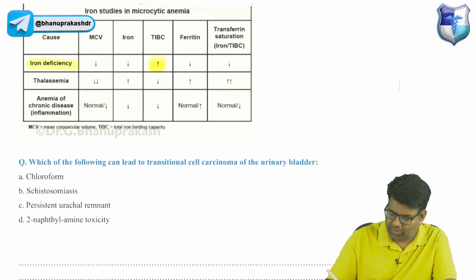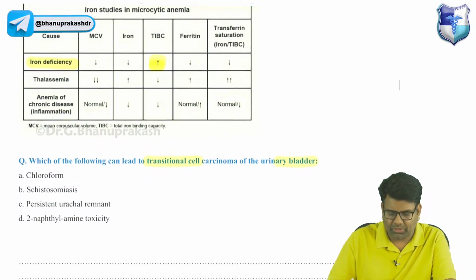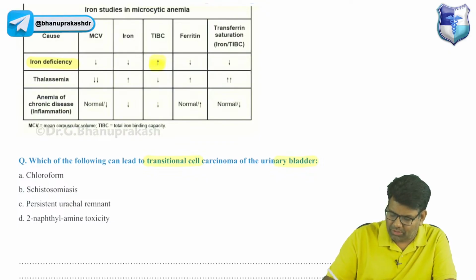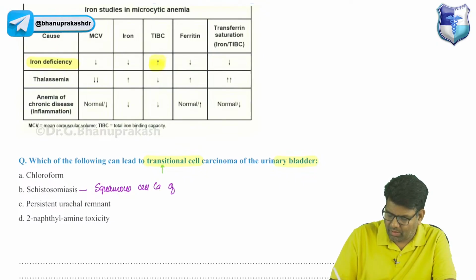Now, which of the following can lead to transitional cell carcinoma of urinary bladder? Now the term is transitional cell carcinoma. Schistosomiasis is not the right answer to this condition, because schistosomiasis leads to squamous cell carcinoma of the urinary bladder.